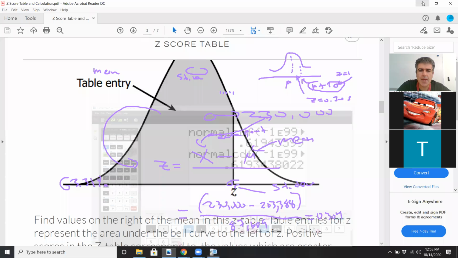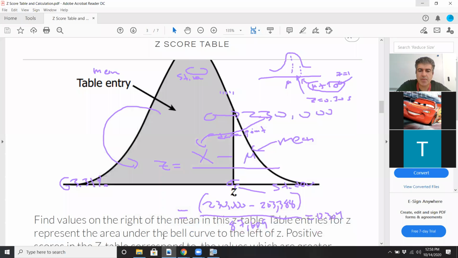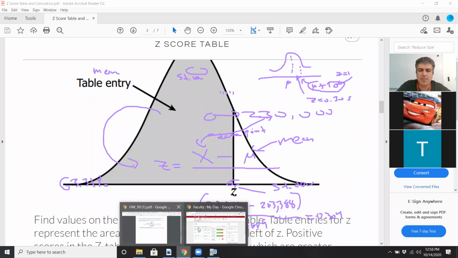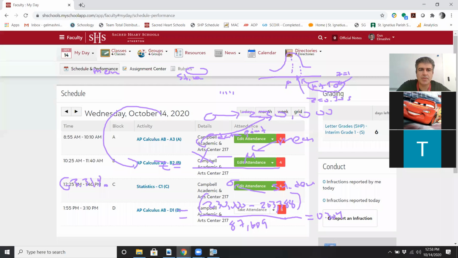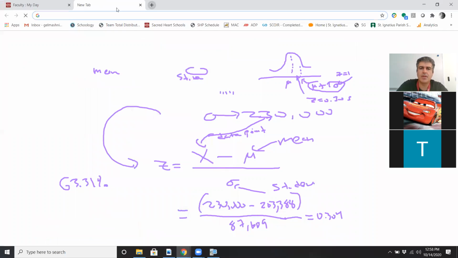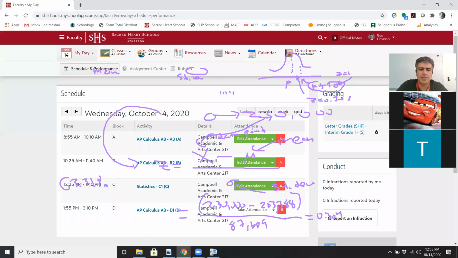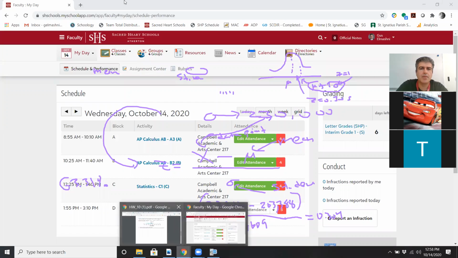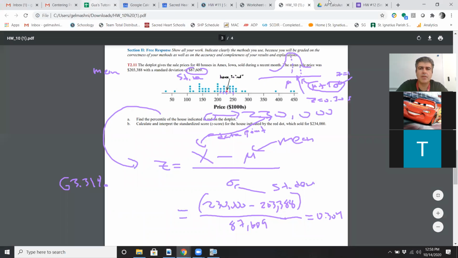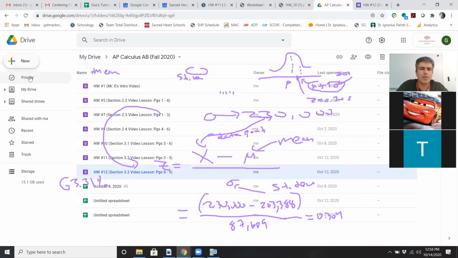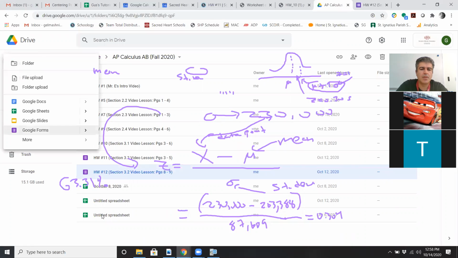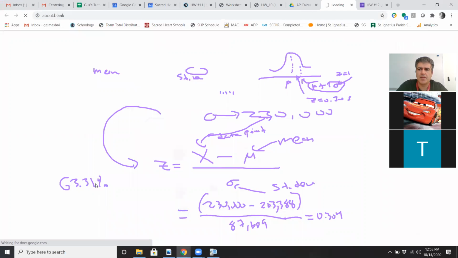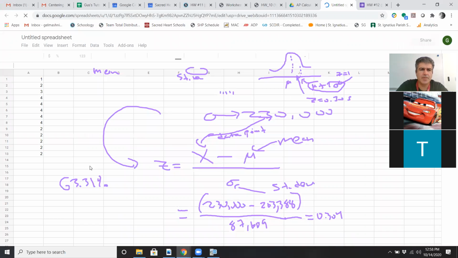Okay. Let's keep moving here. And again, if you don't have a calculator, you can always do this. Let me go to Google Drive. Actually, let me open all these untitled ones.